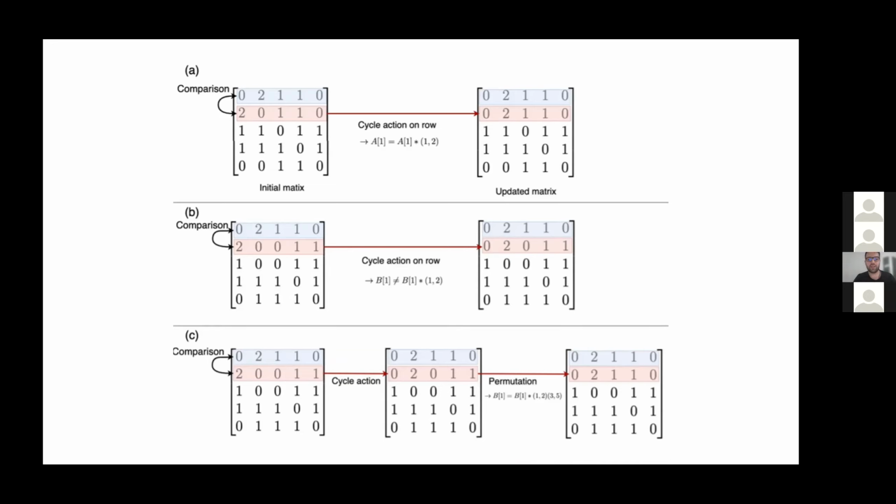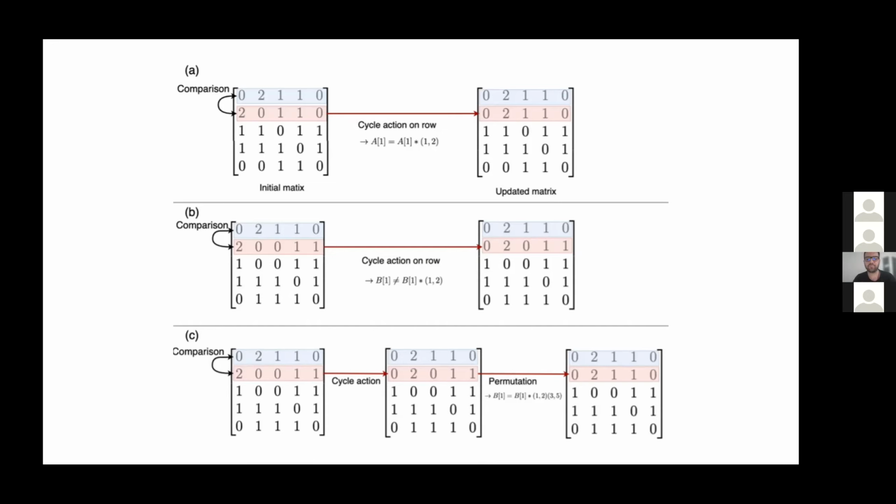Or maybe the rows are not identical after permuting. Then, as shown in B and C, I need to look for a permutation which makes the two rows identical to say, yes, this is an automorphism. In the case of B, 1, 2, at the end we don't have identical rows, so the question is: is it possible to find a permutation which makes them identical?